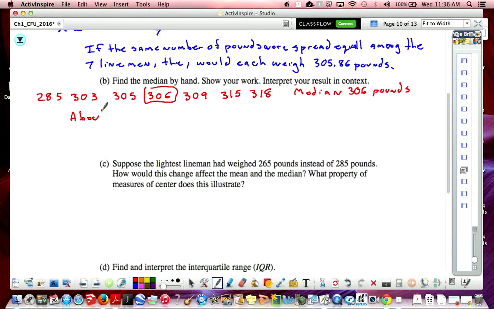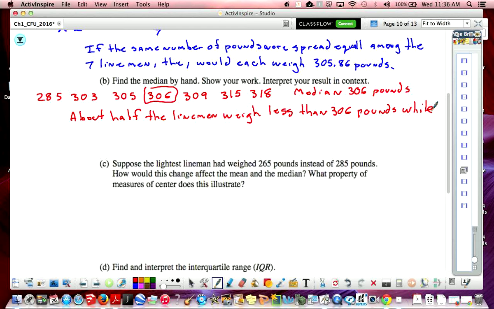So about half the linemen weigh less than 306 pounds, while the other half weigh more than 306 pounds.